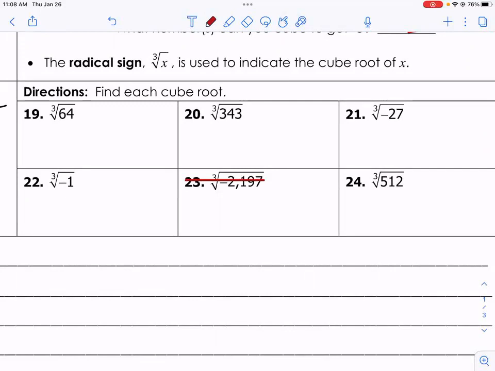All right, the cube root of 64. If we look at our chart, what number to the 3rd power gives us 64? 8 times 8 is 64.